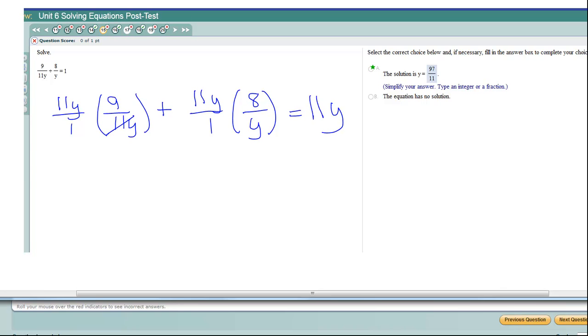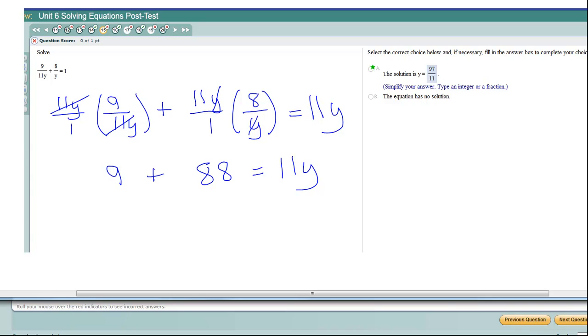So here, I cancel this with this, and then I get 9 plus, and then I cancel this with this, and I get 88 equals 11y. So all I did was I canceled out 11 y's here, and then I'm left with 9 divided by 1, which is 9. And then here I canceled out the y's, and 11 times 8 is 88, and then equals 11y.